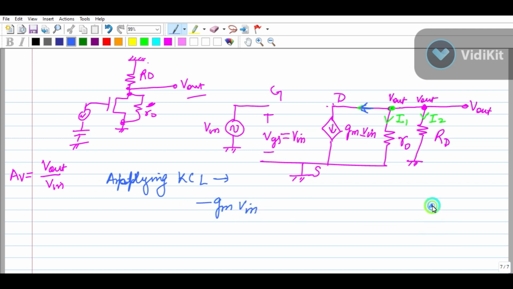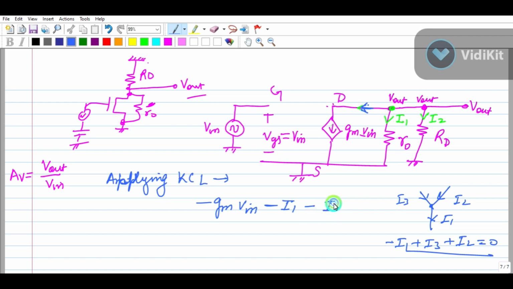KCL, you know, everyone, that incoming current will remain positive, outgoing current will remain negative. So it is I1, I2, I3. So according to KCL, it will be minus I1 plus I3 plus I2 equal to 0. So this is KCL. So same we are doing here. Okay, so it is outgoing. So this is GM V in, and same I1 is also outgoing. I2 is also outgoing.